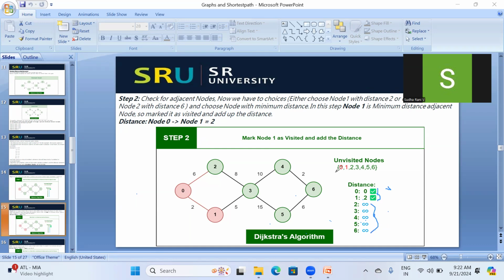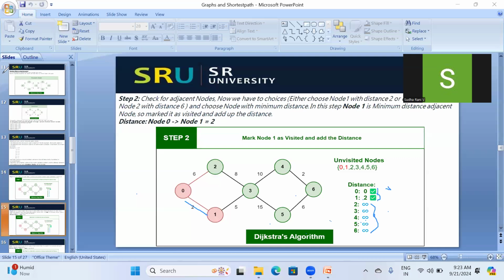At every level of traversing, it has to balance both the visited nodes and the unvisited nodes. So this path is completed. Now these two are visited nodes, and all the remaining nodes are unvisited, so they still have the distance of infinity.